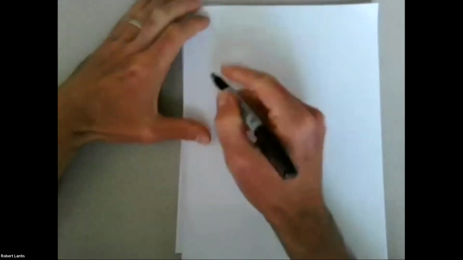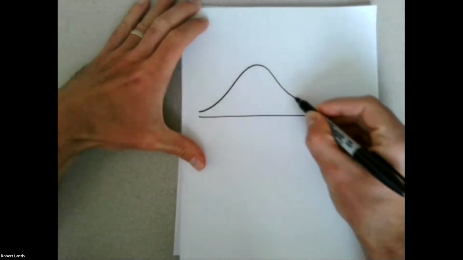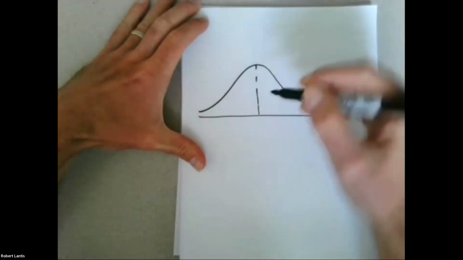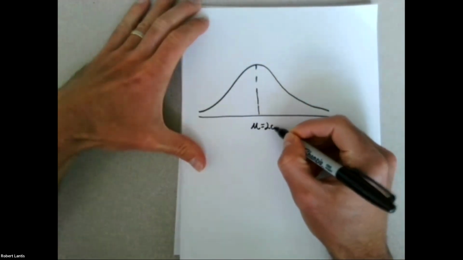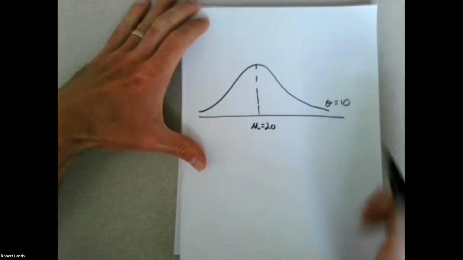So let's say I had some distribution and it had a mean of 20 and standard deviation of, we'll say, 10.